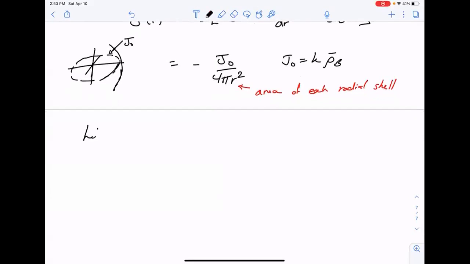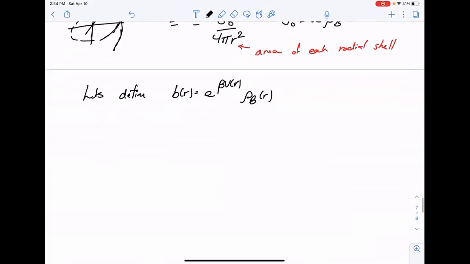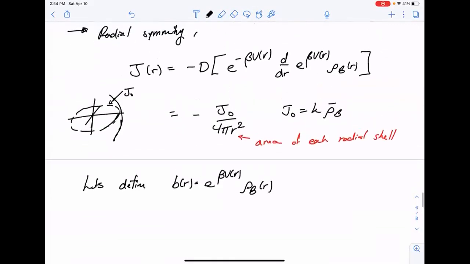Let's define a B of R, which is this inverse Boltzmann weighted concentration of B, such that we can rearrange.